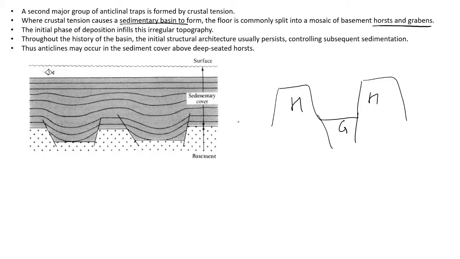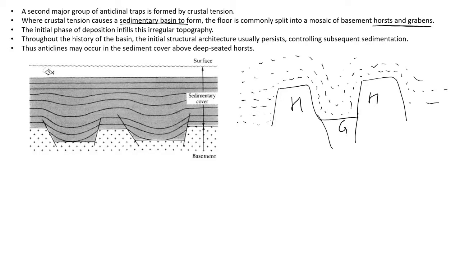Now let us say the sediments are getting deposited like this. Once the sediments get deposited, you will see that they are now taking the form of a fold, and this is a fold which is generated by the crustal tension.